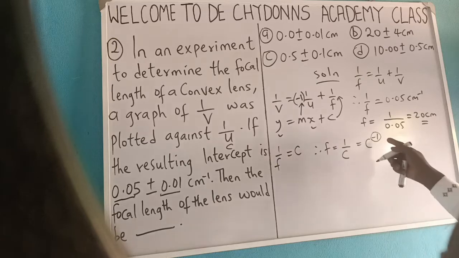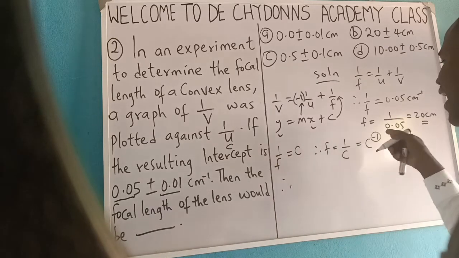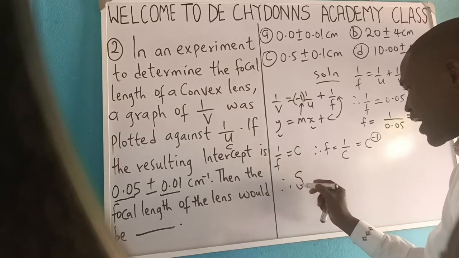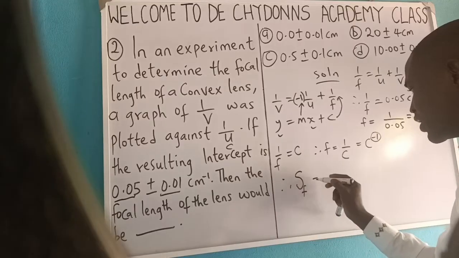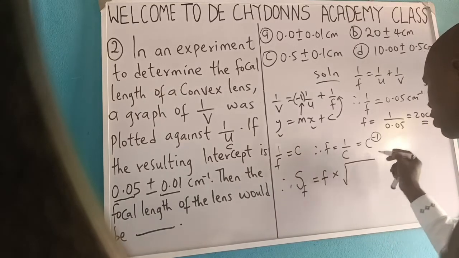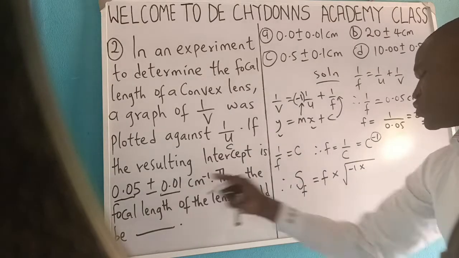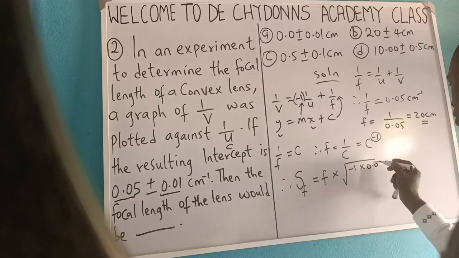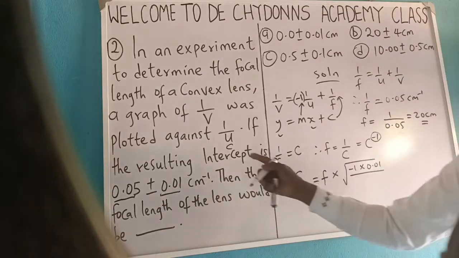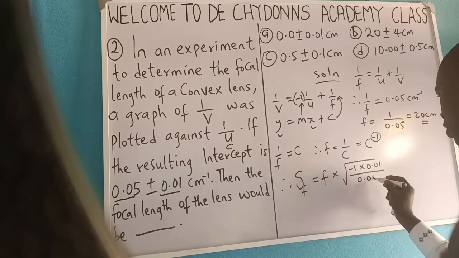Yes. And so to get the error in finding this focal length, you will use this formula. The standard error in finding the focal length is equal to the focal length itself times the square root of the power, minus 1, times the error given to us, 0.01, all over the intercept given to us, 0.015.